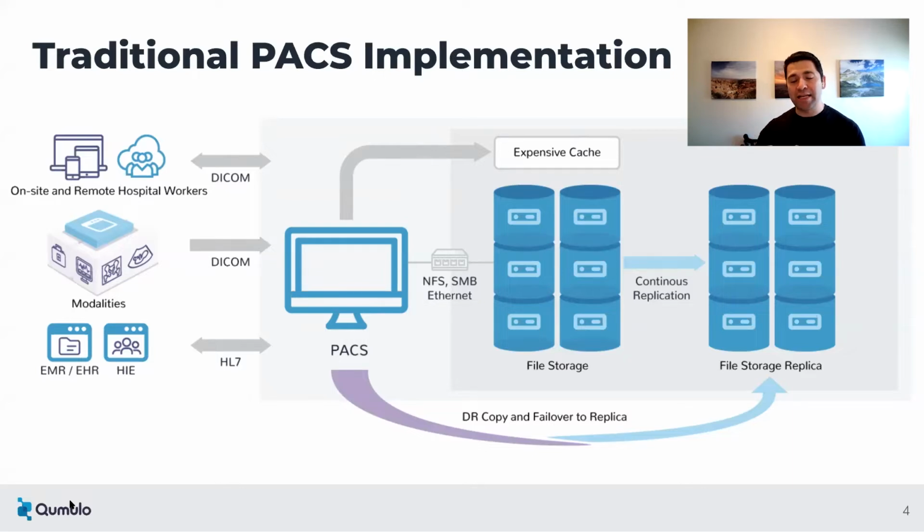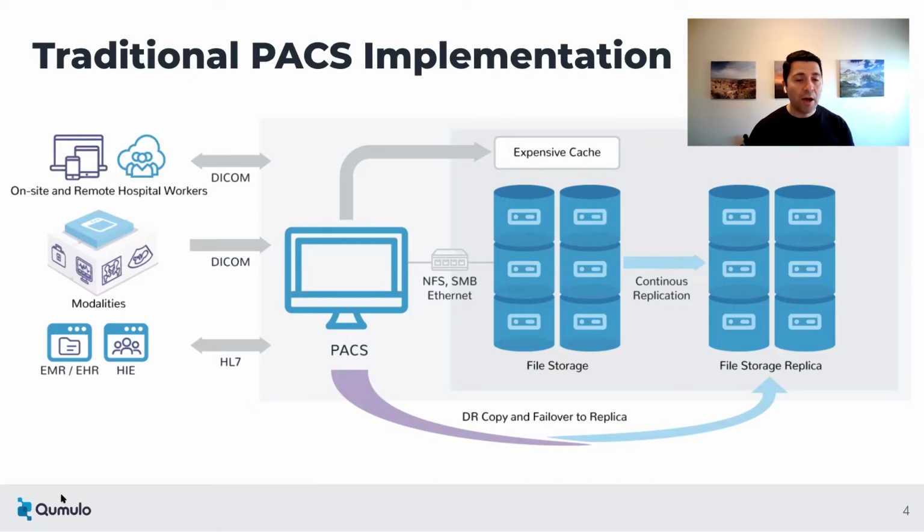And then there is a secondary storage that would normally be called the archive, which is where the A in archiving in PACS comes from. That is a system that is well understood and has been around for a while, but it has its complexities.